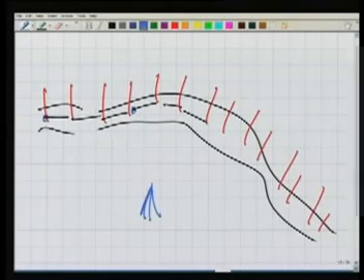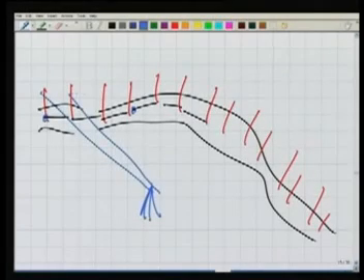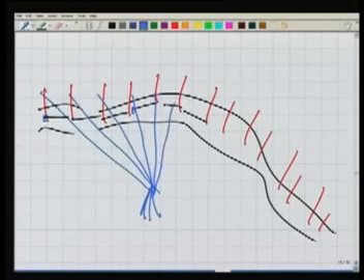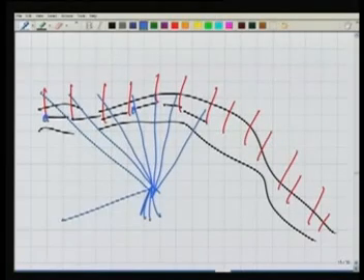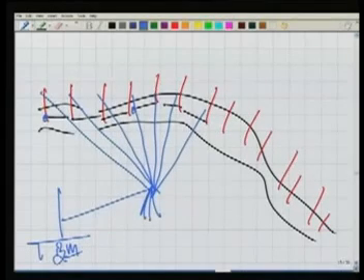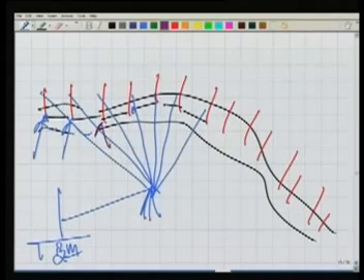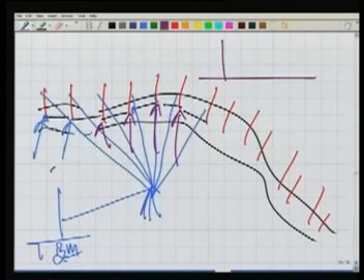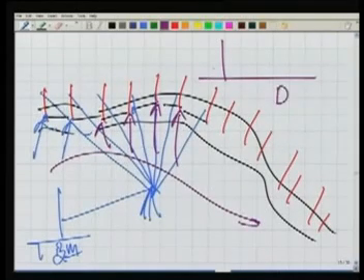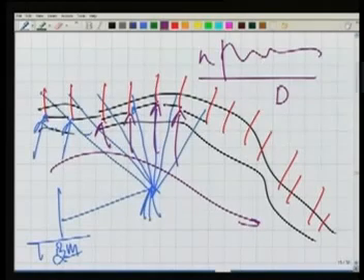At the same time, I am also taking sights to the staff at all these points. By doing this and taking a sight to a benchmark here, I can determine the RLs of all these points. Because I know the RLs and also the distances along the road, I can plot this profile, and we can use this profile for our application.